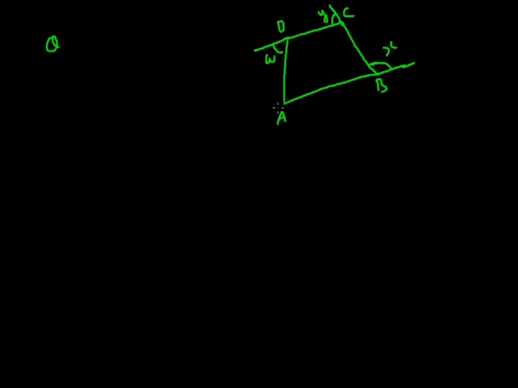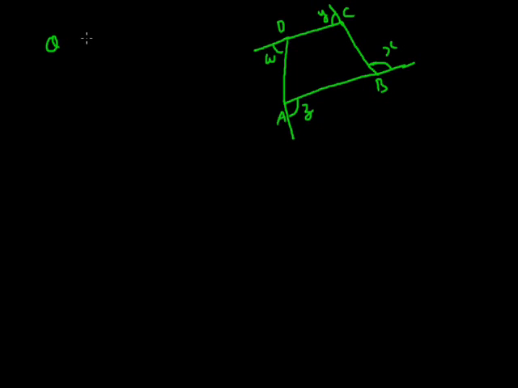Then the next question is, let's say this is a quadrilateral ABCD, and let's say this angle is x. When the side BC is produced, let's say this angle is y, and then when the side CD is produced, let's say this angle is w, and when this side is produced, let's say this angle is z.